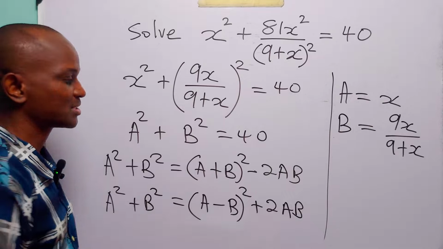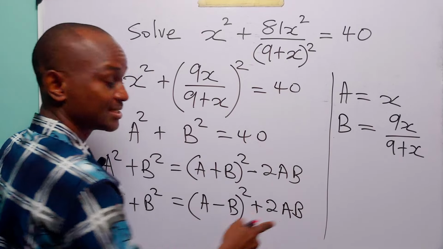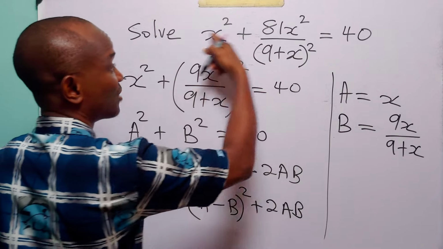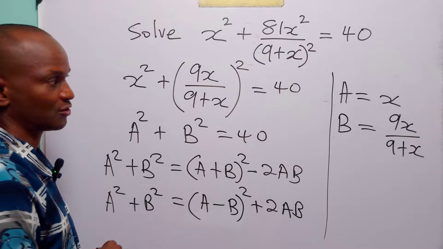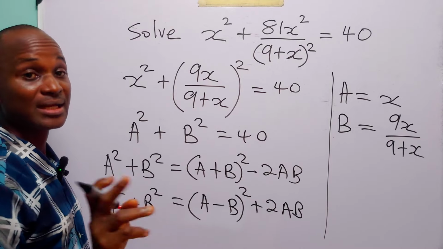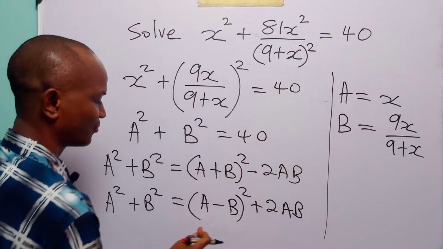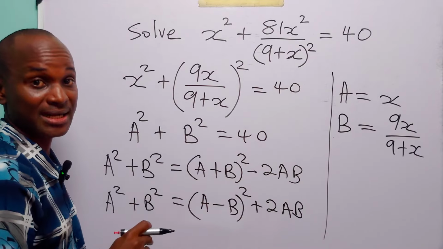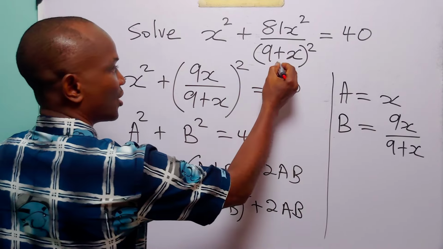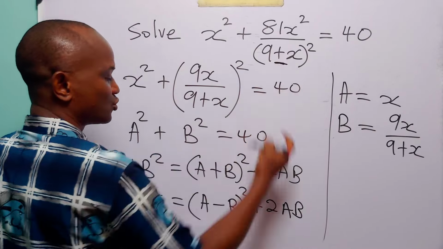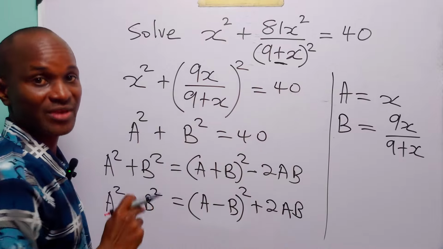Now the question becomes, which of these two identities are we going to use to transform the original equation? This is the trick. When you look at any of these two brackets, you are going to choose the identity that has the opposite sign inside the bracket to the sign that you have here.